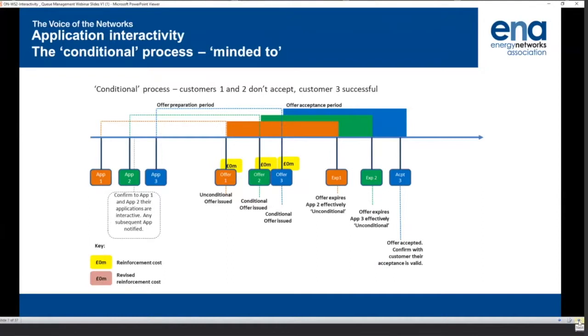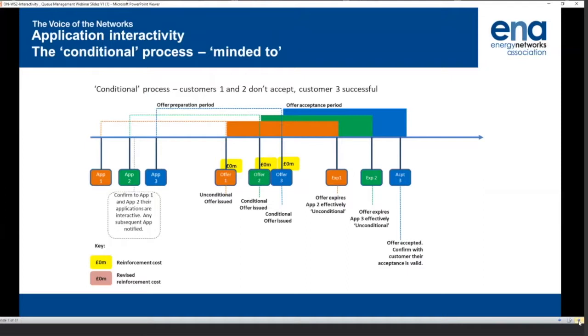So in the consultation document itself, in the appendices at the back, there are a few more case studies which show a few more examples around that. For example, about what happens if customer 2 accepts their offer before customer 1 does, or before customer 1's offer times out. In that particular scenario, if customer 2 accepts their offer first, customer 2 will just have to wait until we know the outcome of customer 1.